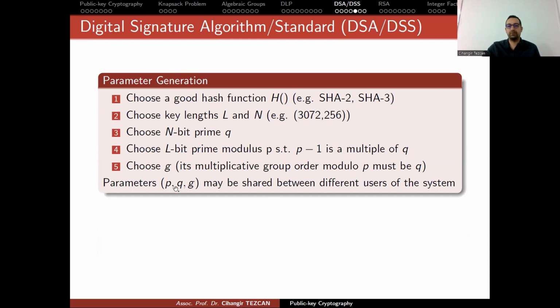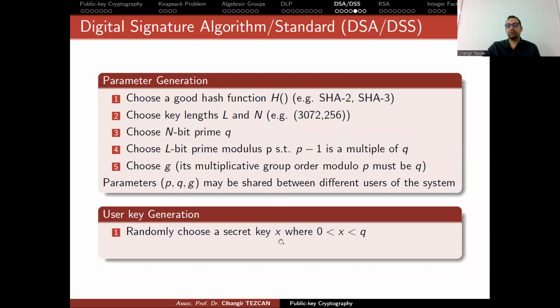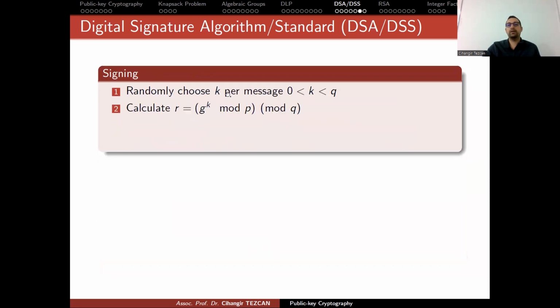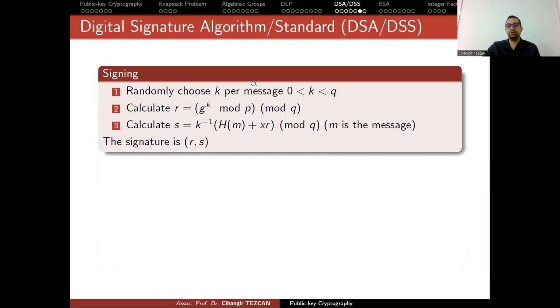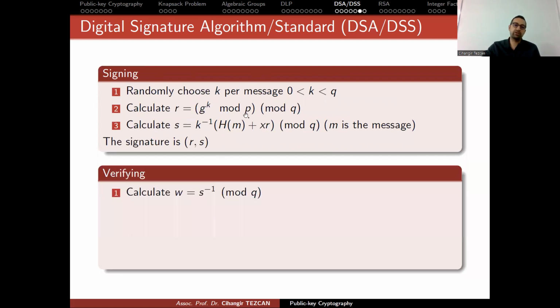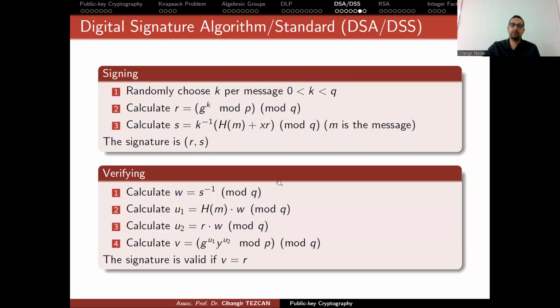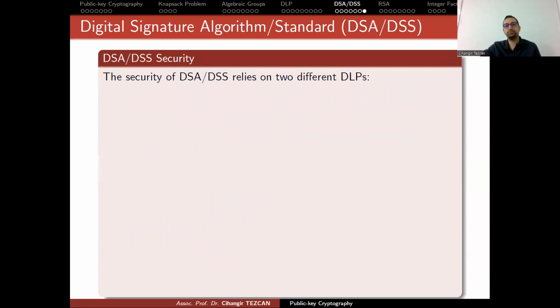So you choose these parameters again. Then you choose your secret key accordingly. In this signing phase, you do these operations, and in the verifying case, this is what you do. So this is actually what happens when somebody sends cryptocurrency to somebody else. Actually, you are signing that message, okay? And everybody checks that you really own that money and send it to somebody else, okay?